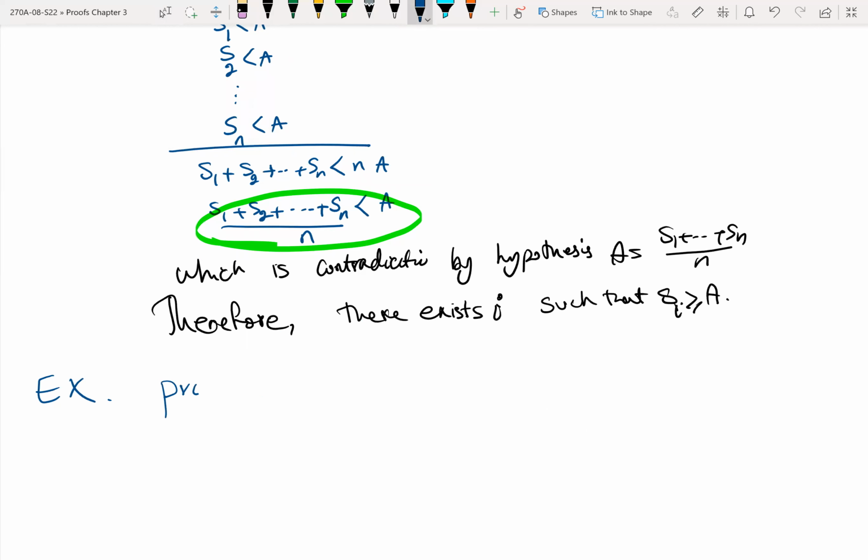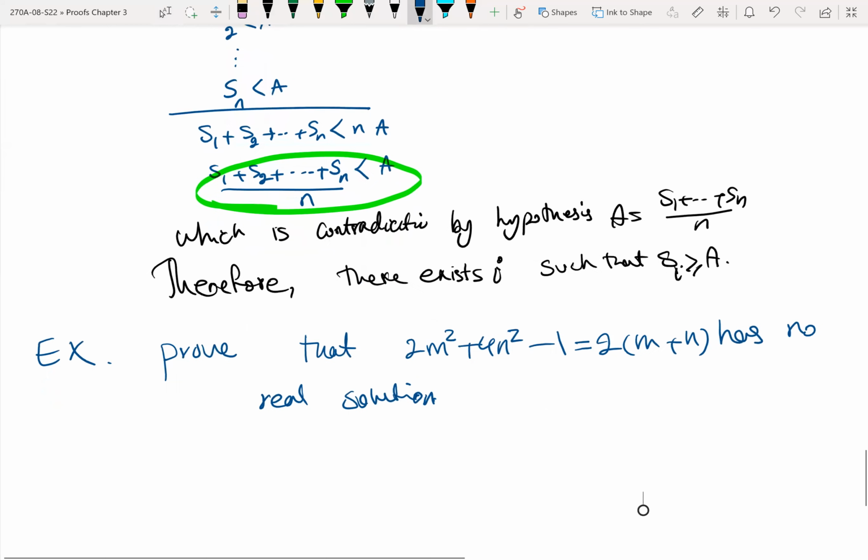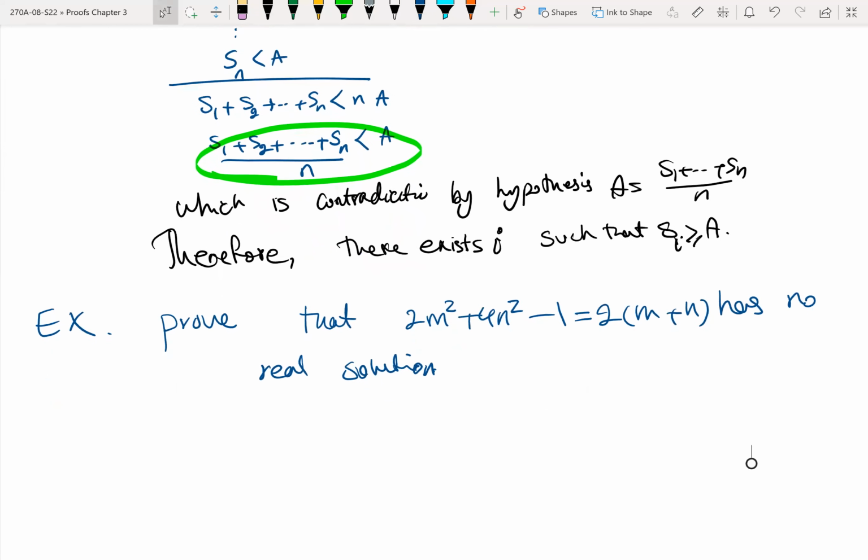Okay. Prove that 2m to the power of 2 plus 4n to the power of 2 minus 1 equals 2m plus n has no real solution. What do you think?